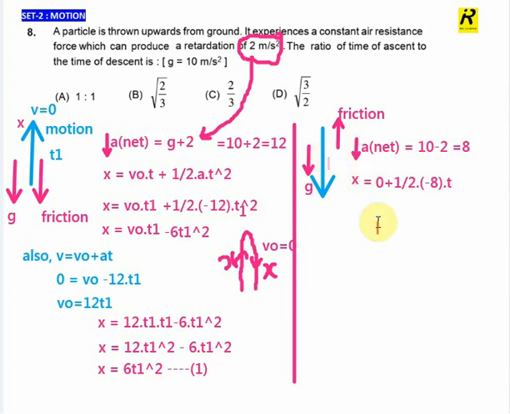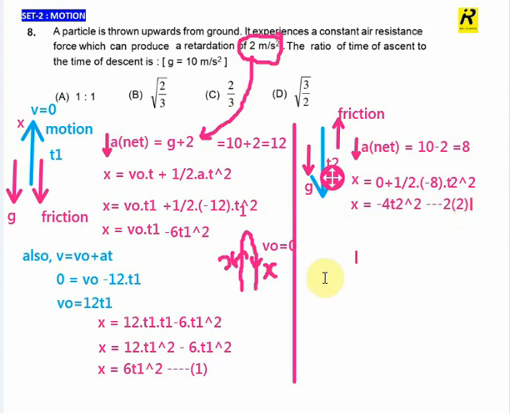This time I'm taking T2, so T2 square. That means x is equal to, I can write, minus 4 T2 square. So this is equation 2.